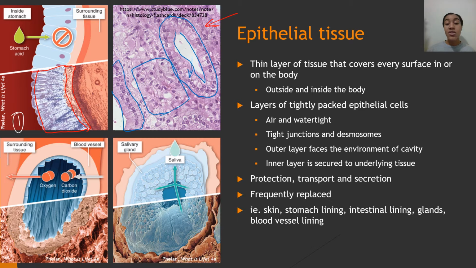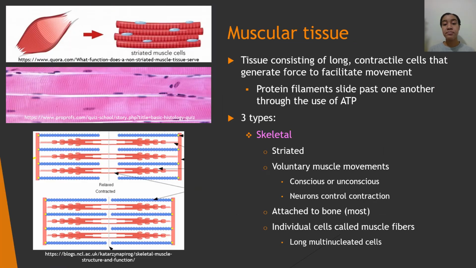These conditions are generally not favorable, so the tissues often get damaged and are frequently replaced. The tissues that make up your mouth are also very commonly replaced. Some examples of epithelial tissue, some we've already talked about, are your skin, your gut lining, intestinal lining, blood vessel lining, etc.